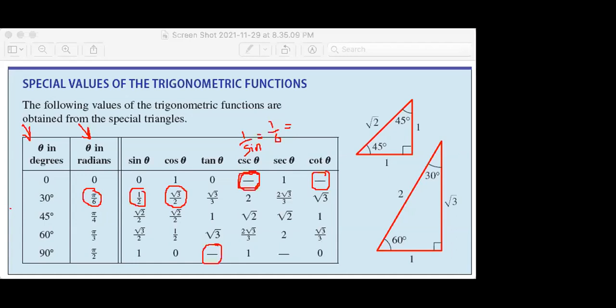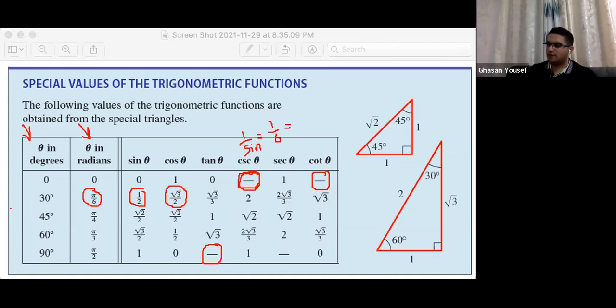Any question? Anyone has a question? This table, you should memorize it. You have to know all the values.